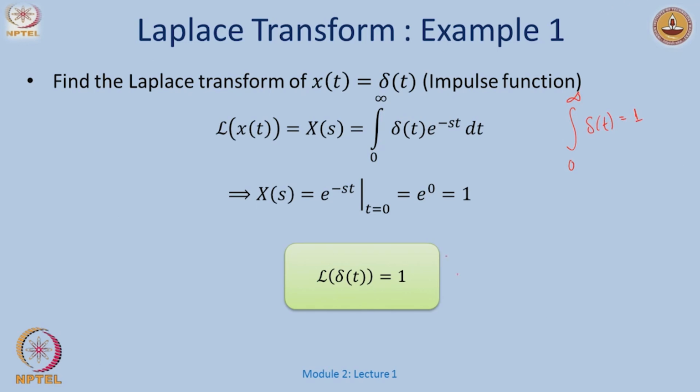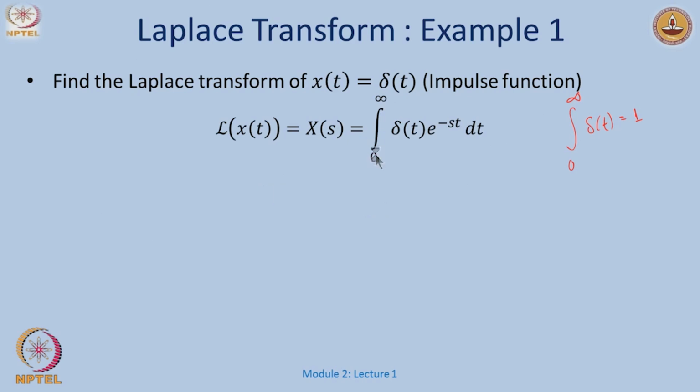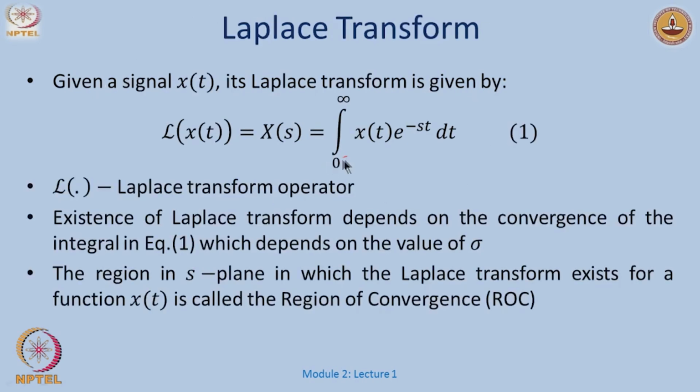And again, most of the analysis here we will do is from 0, even though there exists something called the bilateral Laplace transform, where the 0 is replaced by minus infinity. But since throughout this course we are interested only in causal signals or causal systems, we restrict our analysis to just this one, things starting from 0.